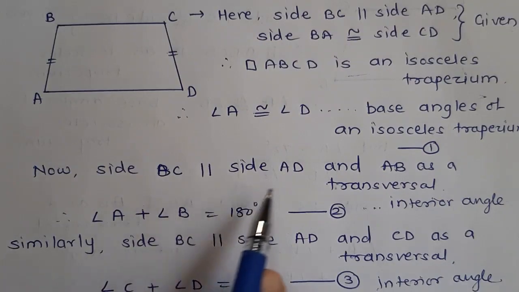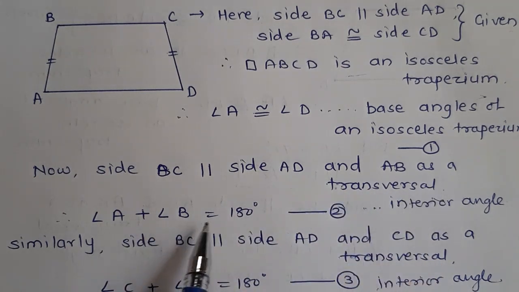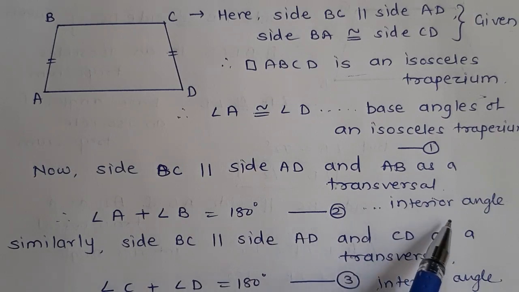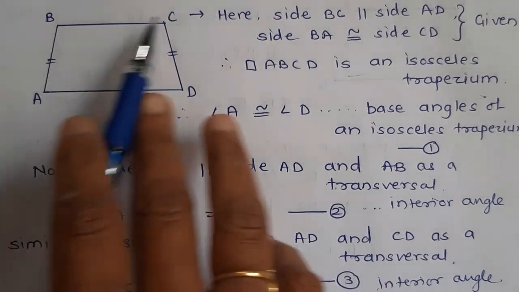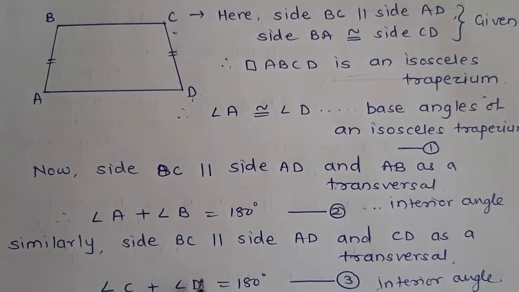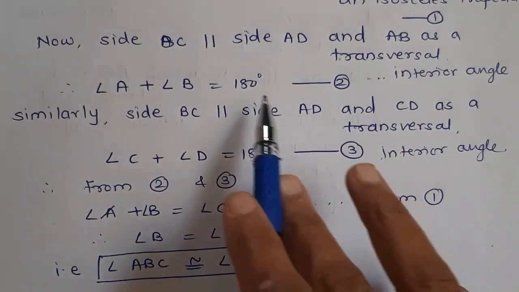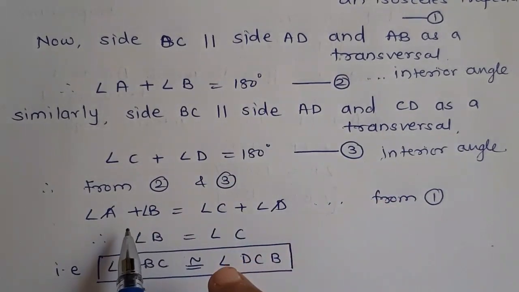Now side BC is parallel to side AD and AB is a transversal, then angle A plus angle B equals 180 degrees. These are the interior angles. Similarly, BC is parallel to AD and CD is a transversal, then angle C plus angle D equals 180 degrees, as they are interior angles. Therefore, from 2 and 3 we can observe their right hand sides are equal, so we equate the left hand sides.